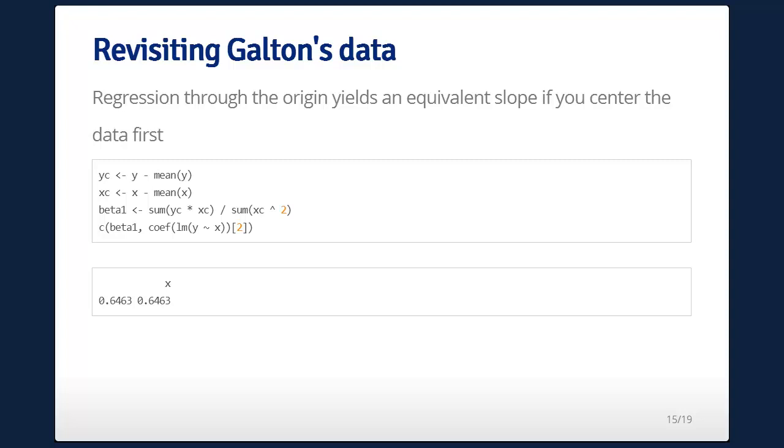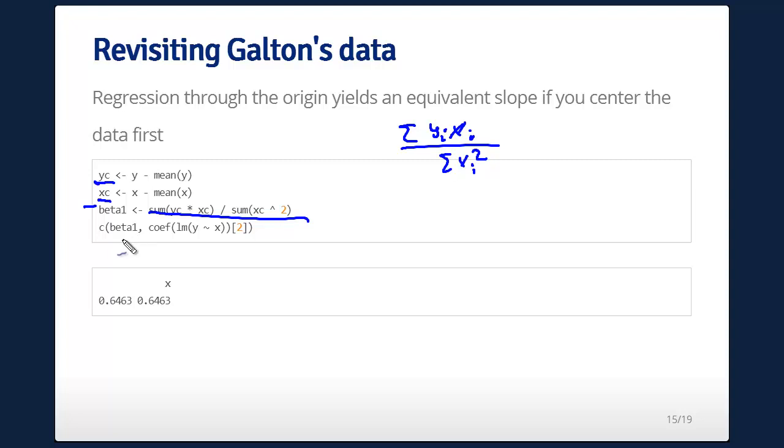And then let me point out this last point. Regression to the origin yields an equivalent slope if you center the data first. So why don't I define y-centered as y minus the mean of y, and x-centered as x minus the mean of x. I'm going to take my beta 1 as my regression through the origin slope, which, remember, was just the summation of yi times xi divided by the summation of xi squared, which is what that quantity is right there.